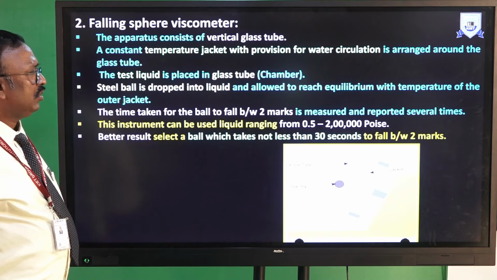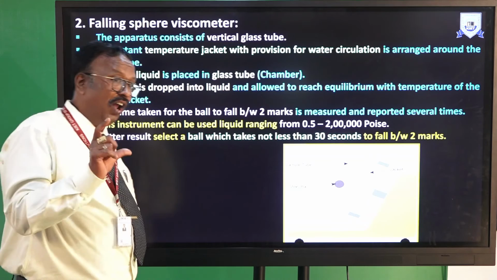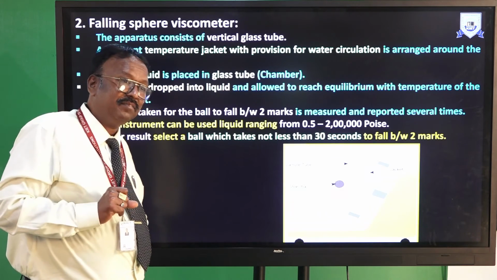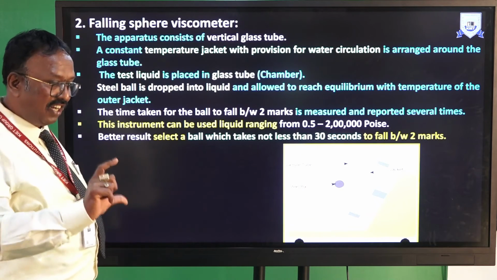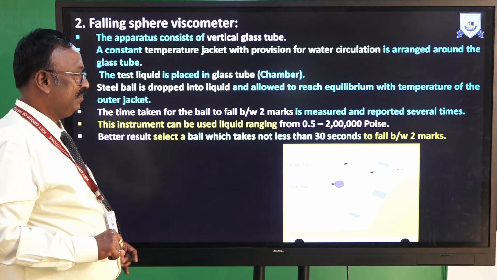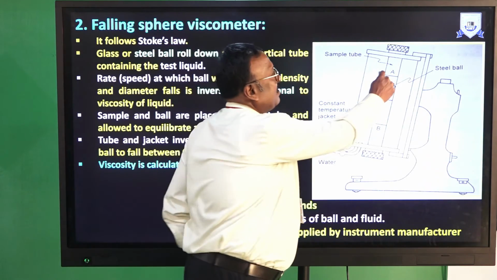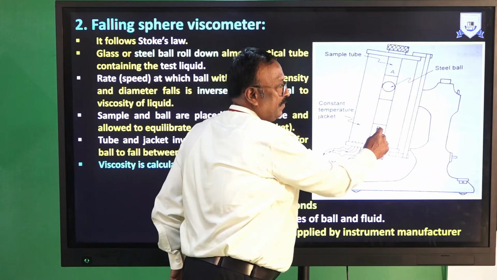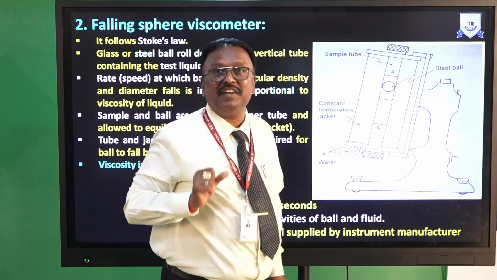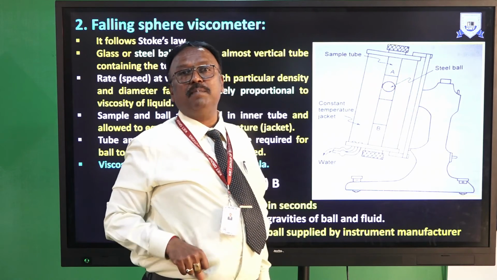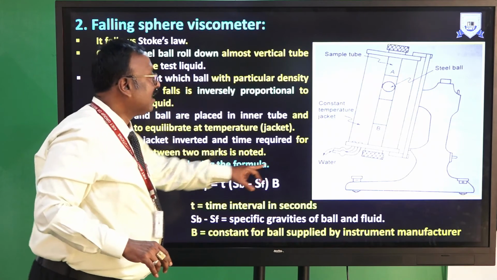For better results, we can select the ball so that the travel distance, whatever the distance A to B, is covered in less than 30 seconds. Like that you have to select the ball. That is most important. We get accurate readings. Okay.